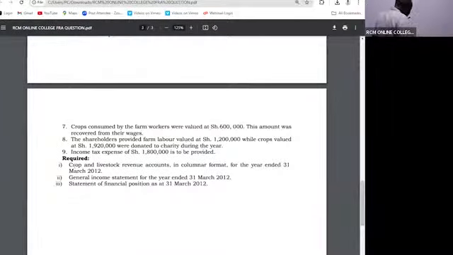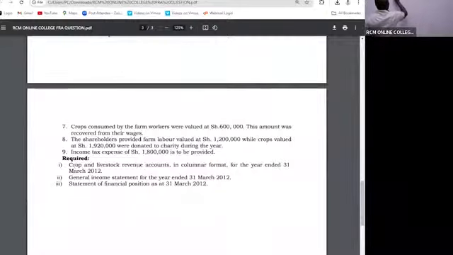Very easy, really. Easiest ever. So we have here the revenue account, crop and livestock.